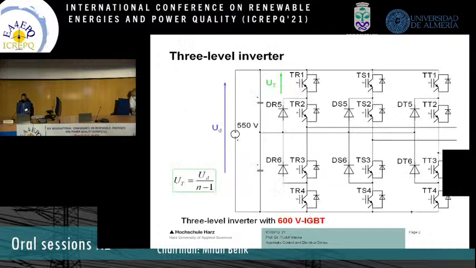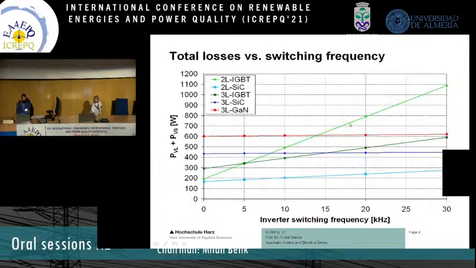The most popular topology is the neutral point clamped 3-level inverter, and it can be equipped with 600 volt switches with lower conduction and switching losses compared to the commonly known 1200 volt devices. The calculation of the conduction and switching losses is described in detail, and this diagram shows the results.